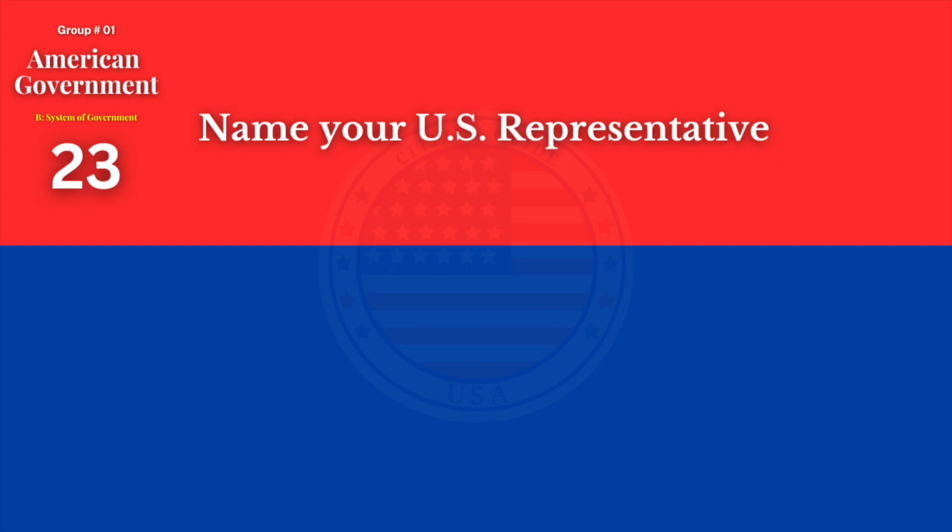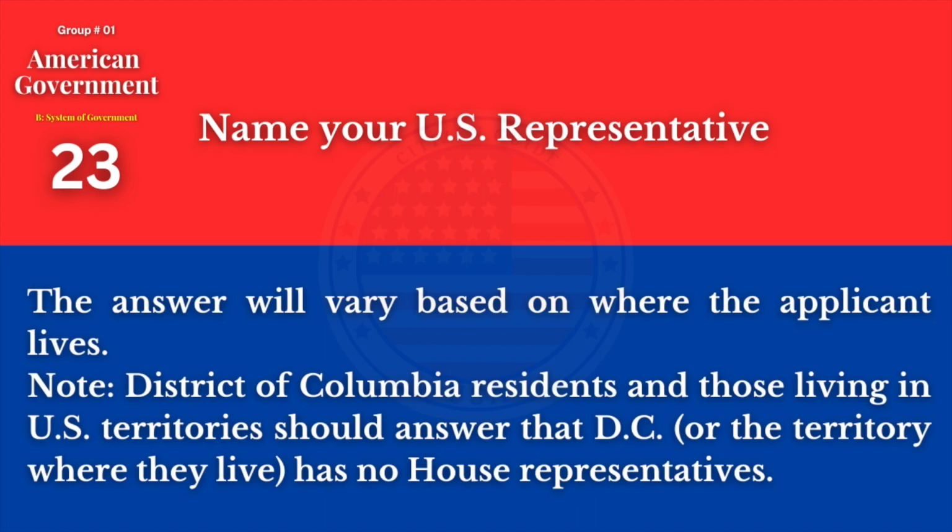Name your U.S. representative. The answer will vary based on where the applicant lives. Note, District of Columbia residents and those living in U.S. territories should answer that D.C., or the territory where they live, has no House representatives.